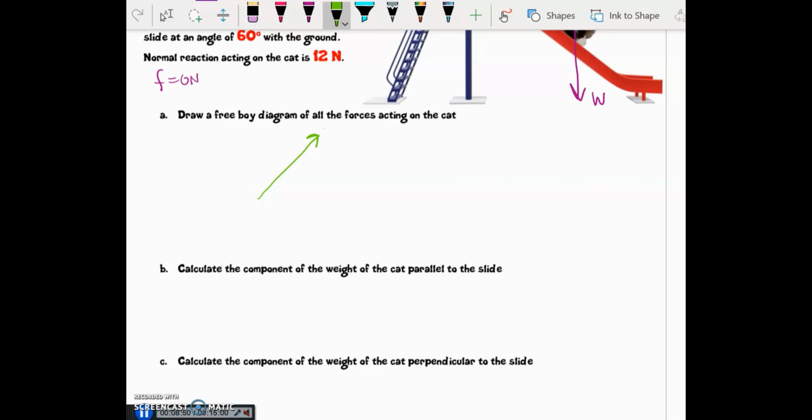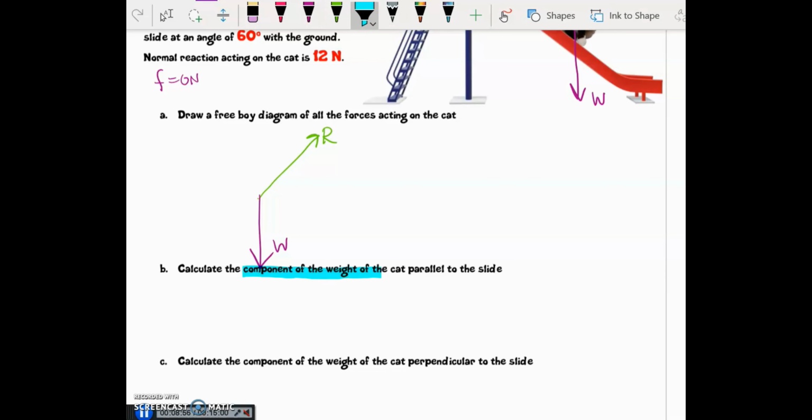Next, calculate the component of weight parallel to the slide. Okay, so I have explained in the first video, part 1, that since it is acting on an inclined slide or inclined plane, we still have to resolve into 2, but we don't call horizontal or vertical component yet.